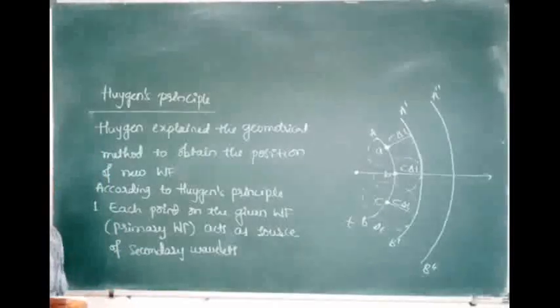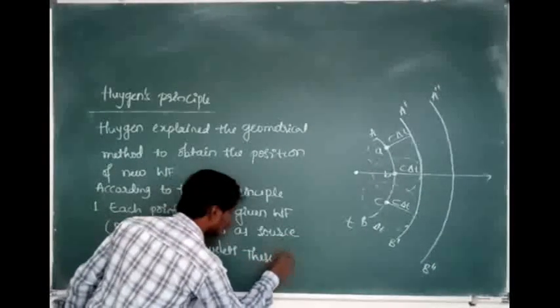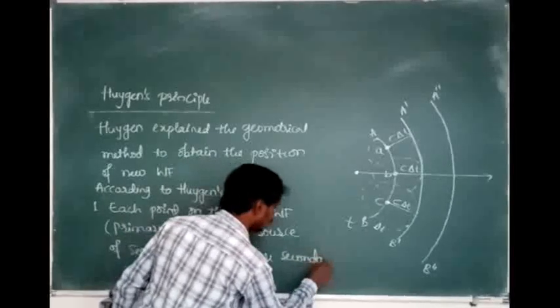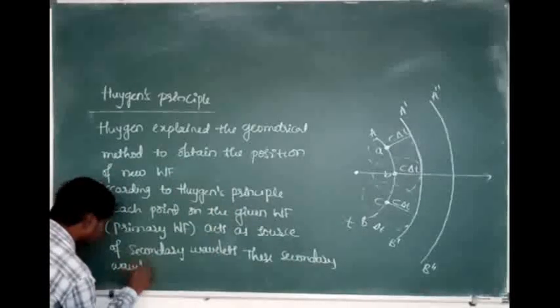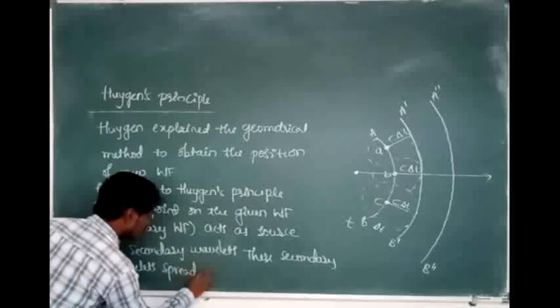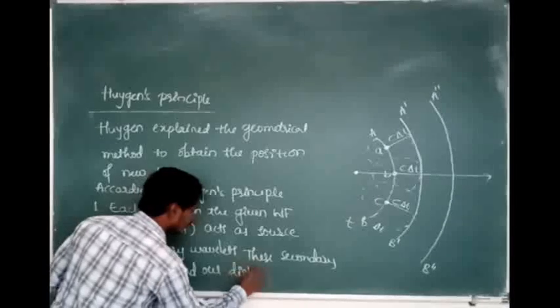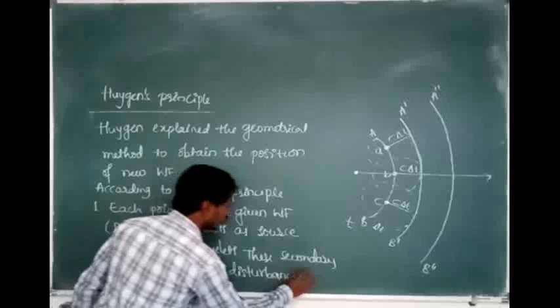What is the second statement here? So see here, these secondary wavelets spread out the disturbance in all directions.